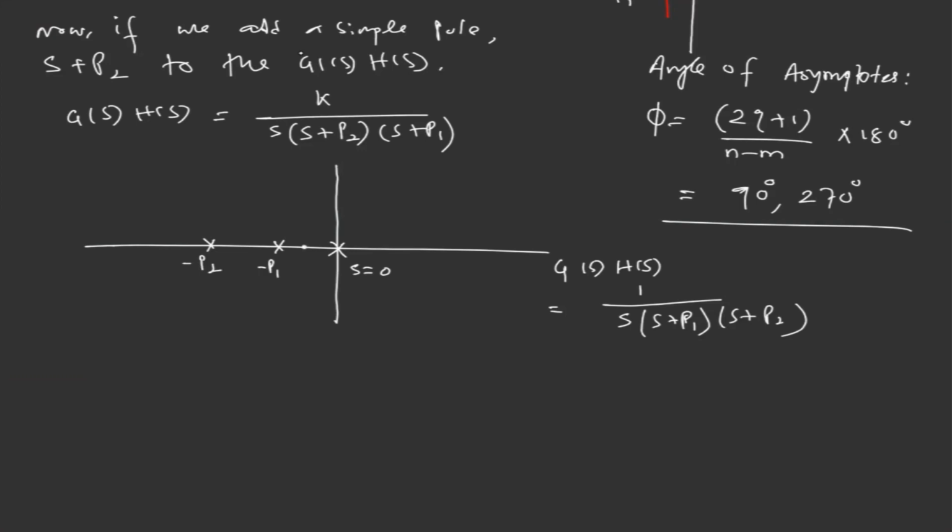There should be a breakaway between these two poles, and the locus will go like this, and another locus will go in this direction. So what is the takeaway from this addition of poles? We can write here, very interesting.